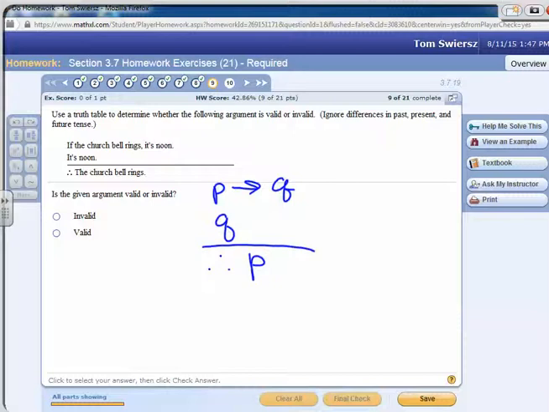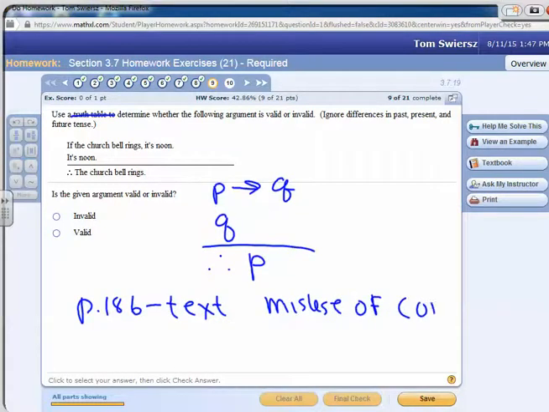Now, again, you really don't need to do a truth table for this one because, again, on page 186 of your textbook, this form matches the misuse of the converse, which is called misuse because this is one of the 4 invalid arguments.